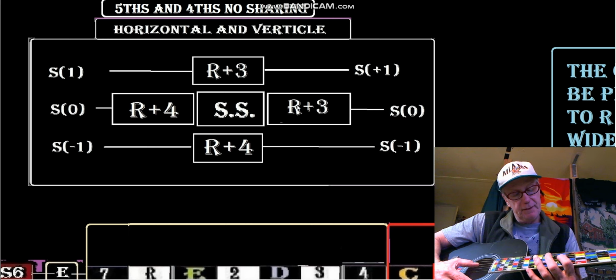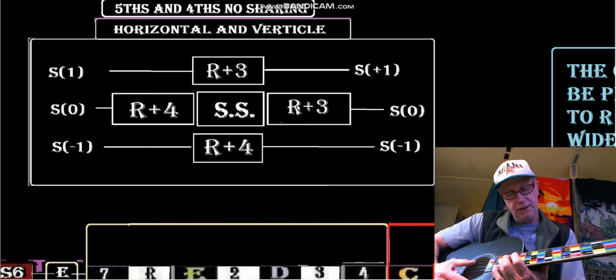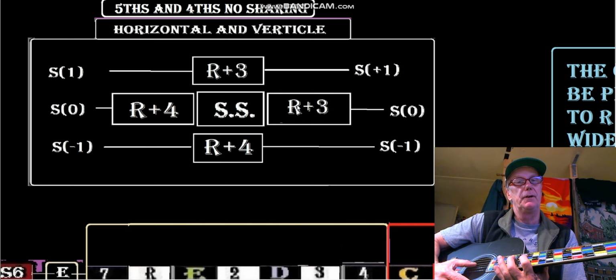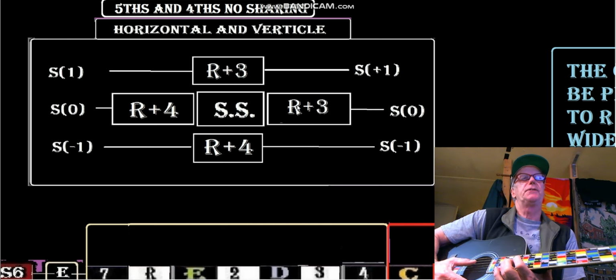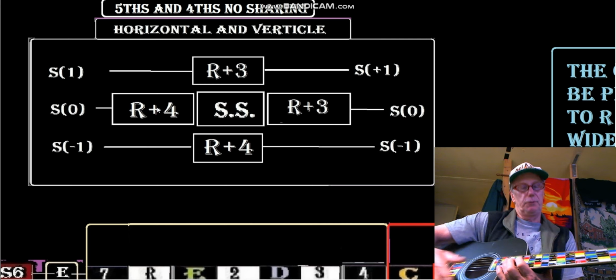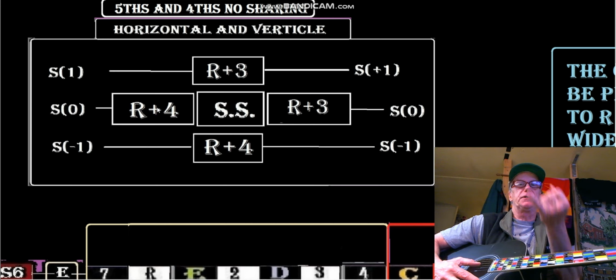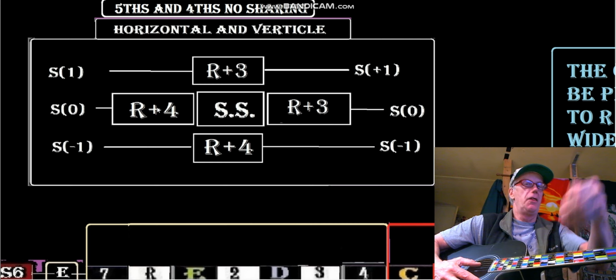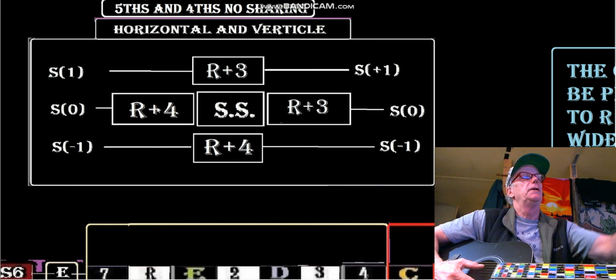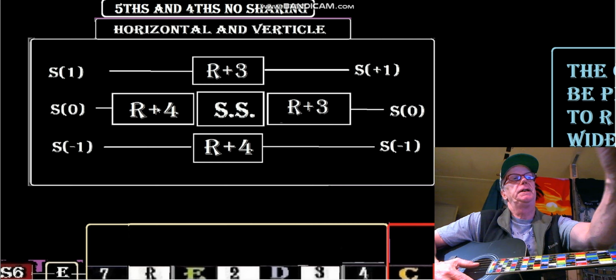So it'll be root 2, 3, and then 4, 5, 6 in Mixolydian. C is the 4th, D is the 5th, and E is the 6th. So that would be root plus 3. Now the string shape below it is root plus 4. So let's find out what root plus 4 is. 5, 6, 7, root 2. Now that root I'm calling the parent root, the Ionian, when we're in Mixolydian.